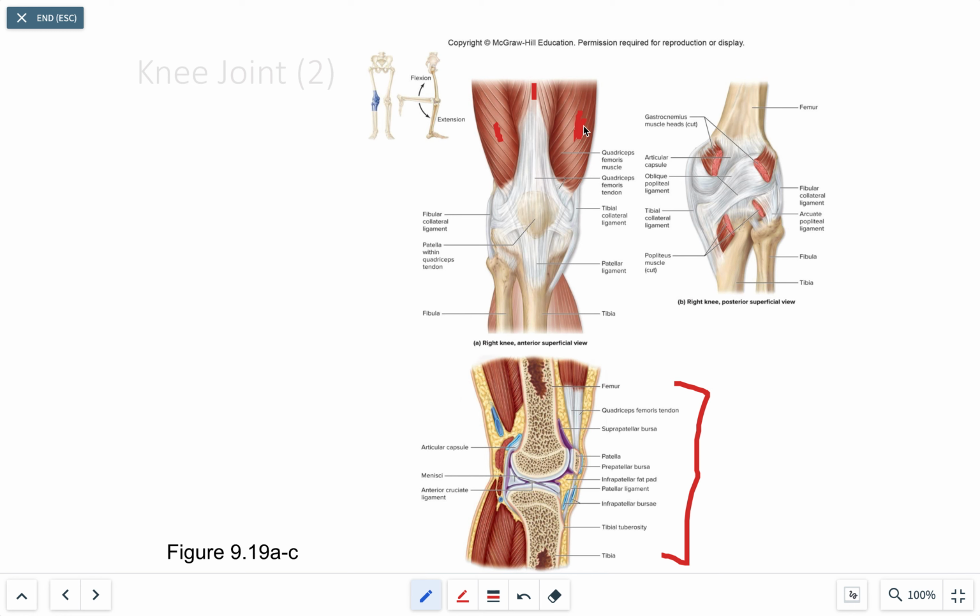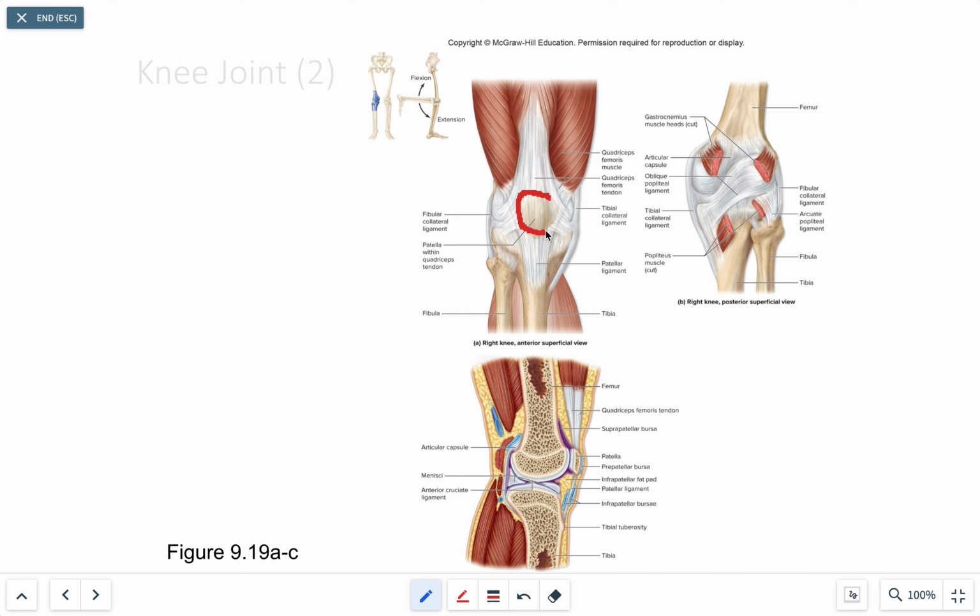All three of these quadricep muscles are going to come down and converge into what we call the femoral tendon or patellar tendons. And these are a series of ligaments that are going to eventually terminate into the tibial tuberosity.